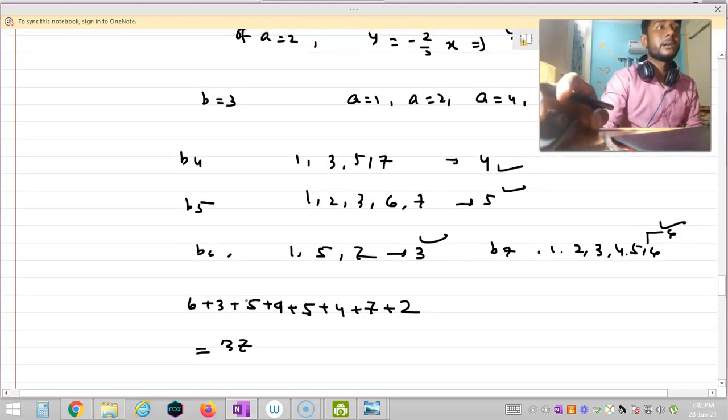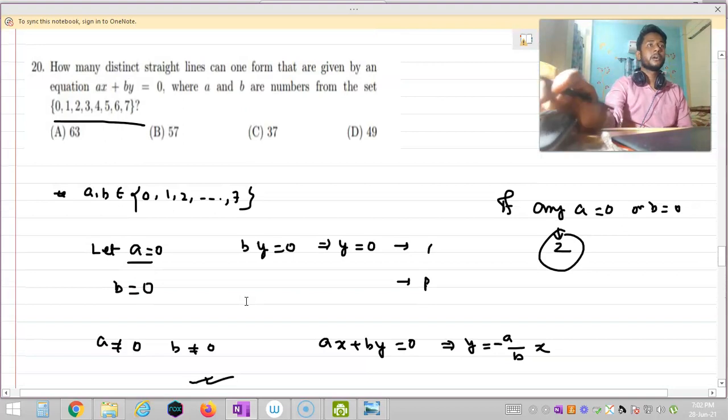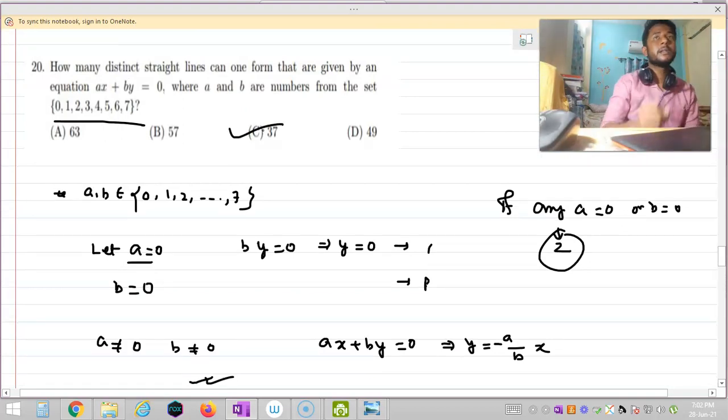So there are 37 possible straight lines. Let us see the options. Option C is 37. That's all about question number 20.